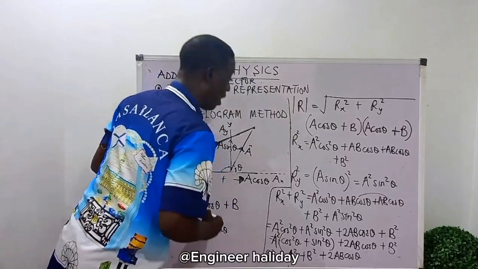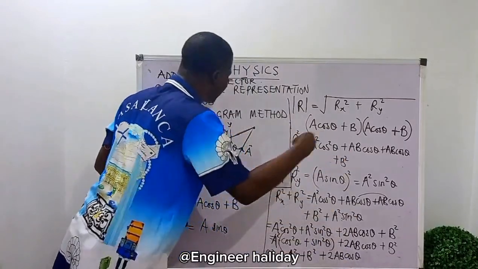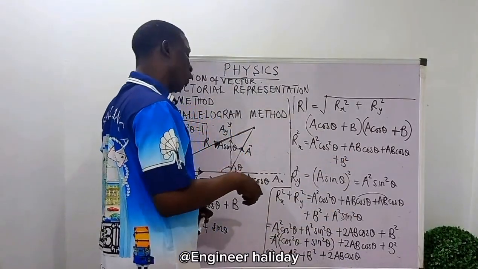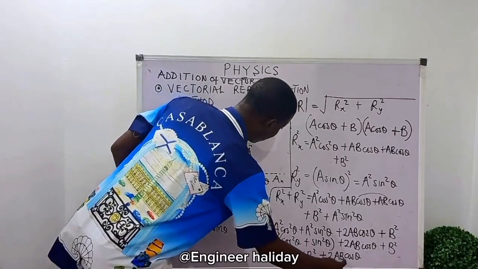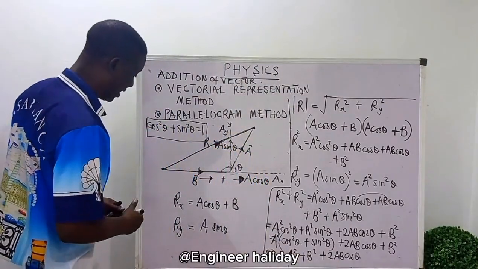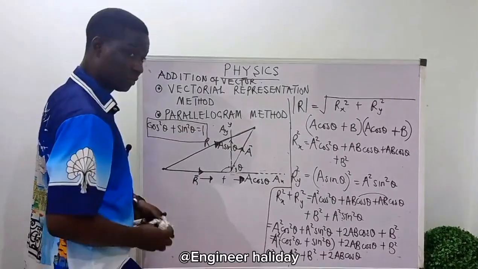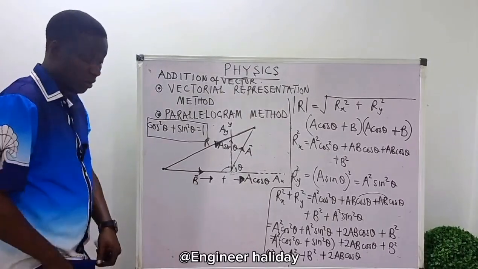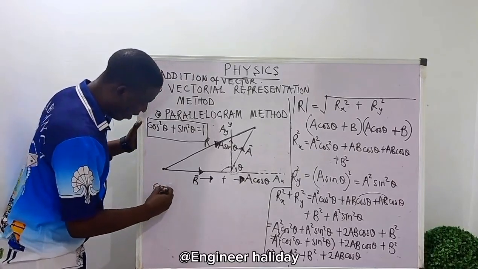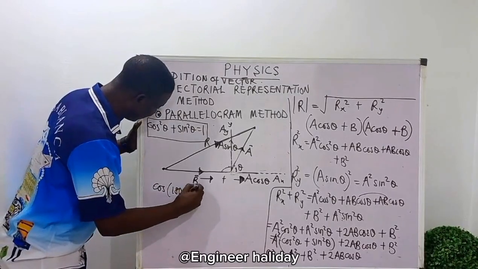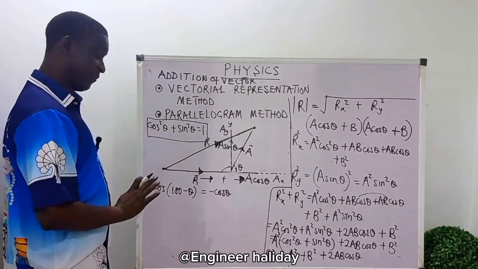Now, having gotten this, if you check, cos theta is the same as minus cos of 180 minus theta. Don't forget, in the second quadrant, cos 180 minus theta is the same thing as minus cos theta, if you look at it very well.